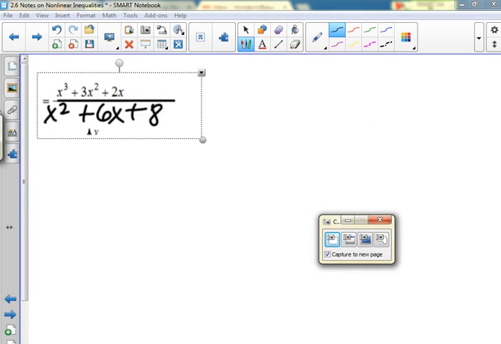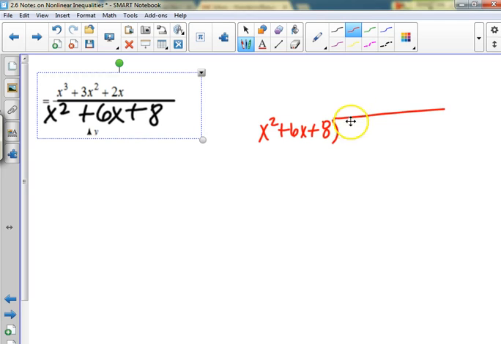All right, so we have x squared plus 6x plus 8 into, do we need any placeholders? Maybe a constant at the end? That would be the only thing, right? Okay, who can help me?